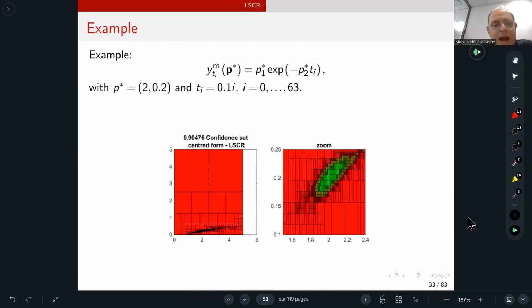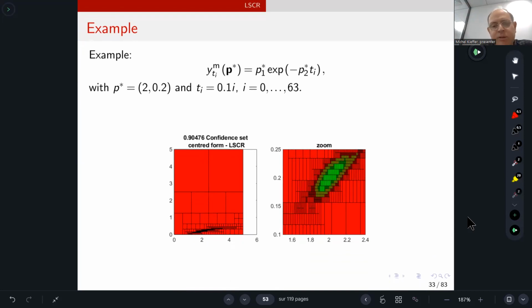So now we can go back to the very simple estimation problem that we have considered previously. Again, I've taken exactly the same data. And here, this is the shape of the confidence set I obtain with LSCR.